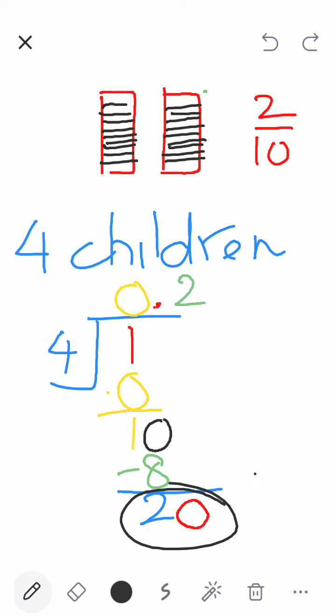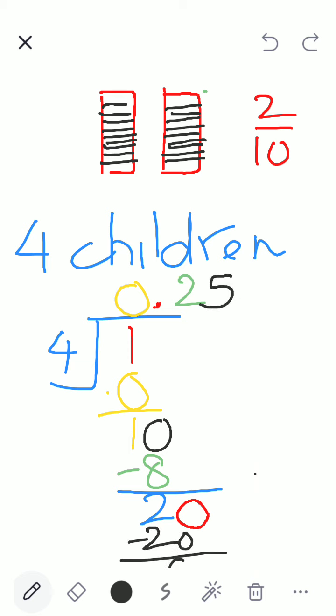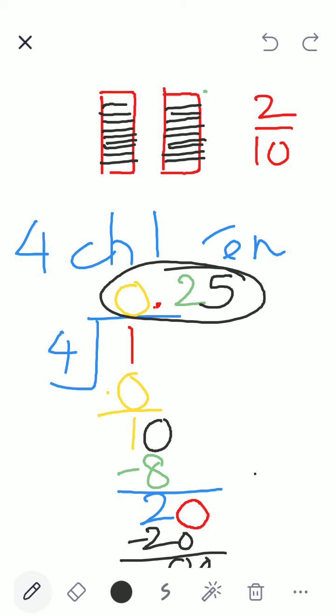Now I will give each child how many pieces? Five pieces. So 20. Now all pieces are distributed. So each child got 0.25 of the chocolate in decimal form.